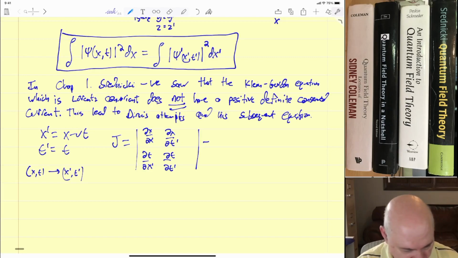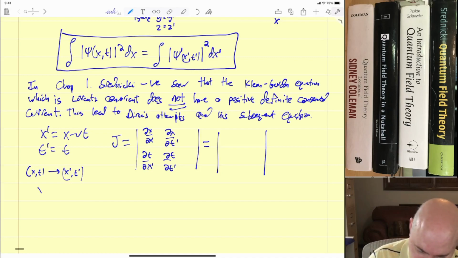If you invert these equations, you can see x is equal to x prime plus vt prime, and t equals t prime.